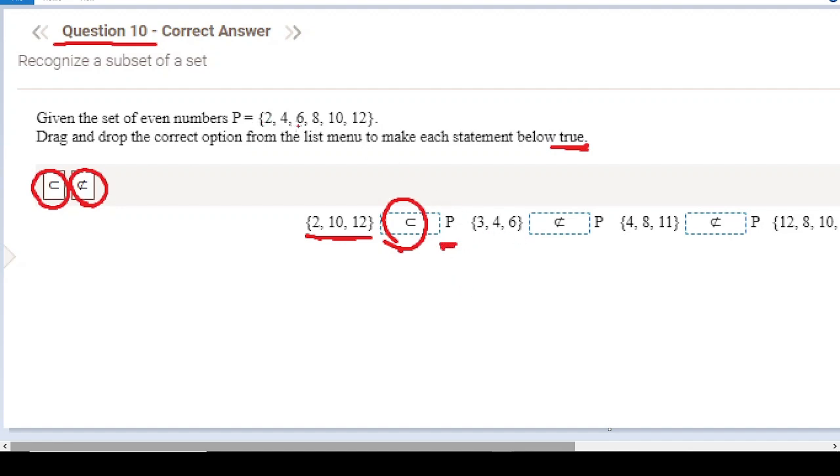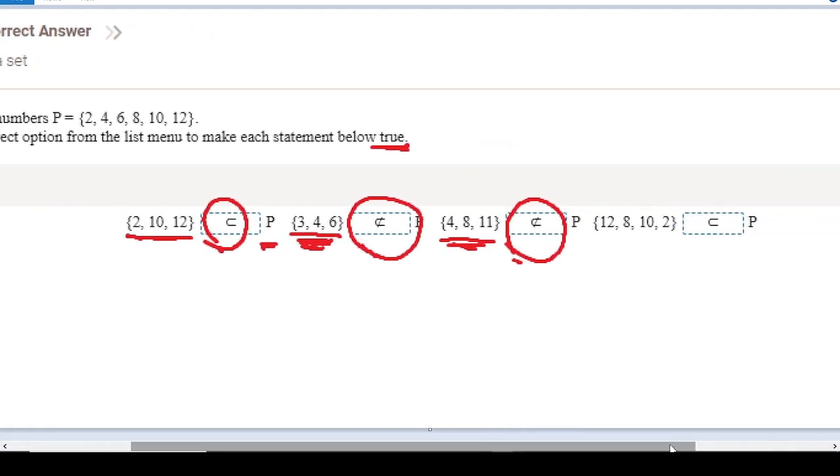Next, 3, 4, 6. 4 and 6 are here, but 3 is not in this set, so it doesn't belong to B. Then 4, 8, 11. 4, 8 is there, but 11 is not there, so this set is not a subset of B. And finally the last one, which is 12, 8, 10, 2. 12 is there, 8 is there, 10 is there, and 2 is there.